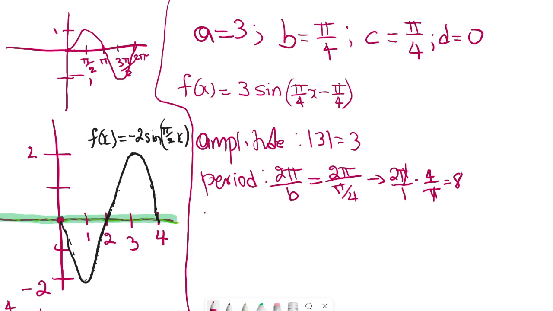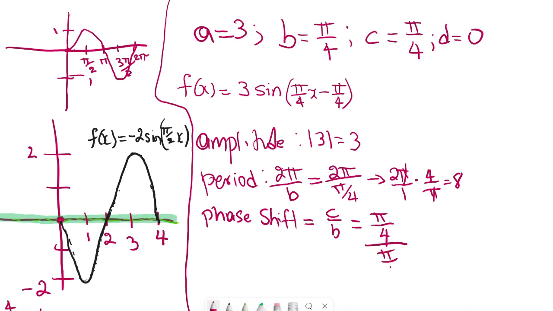All right, then I'm going to look for my phase shift. So my phase shift is going to be what? My C over B. In this question, C is pi over 4, and B is also pi over 4.